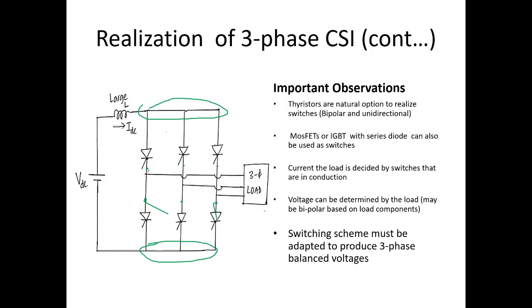Of course, instead of thyristors, we can use MOSFETs or IGBTs in series with diodes also. And current through the load is decided by the switching state. However, voltage across the load depends on the type of the load, the load value and the current through it. So here once again, we should ensure that the switching scheme is adapted to produce 3-phase balanced voltages across the load or currents through the load.